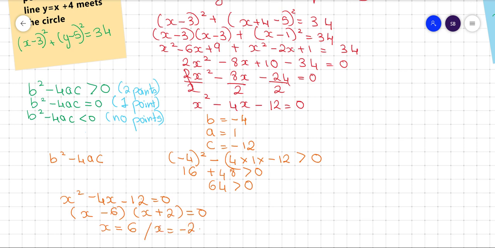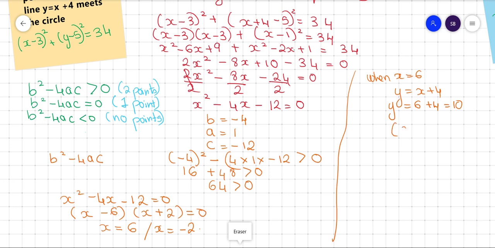Now simply substitute these values in the straight line equation to get the coordinates. So your straight line equation was y is equal to x plus 4. So when x equals 6, y is equal to 6 plus 4, which is 10.